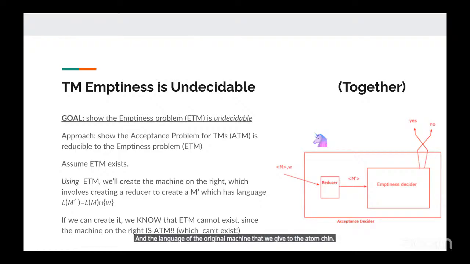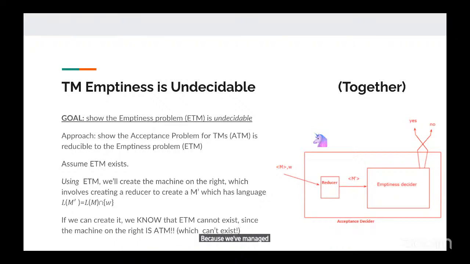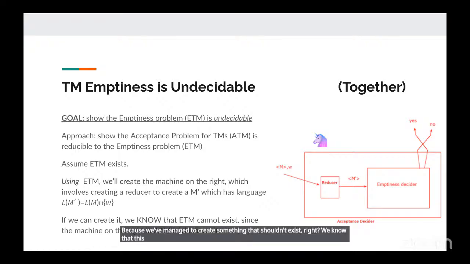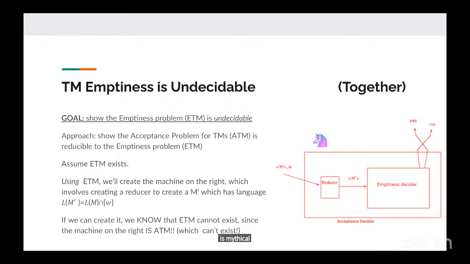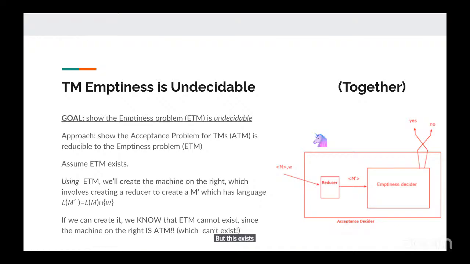If we can create that machine, then we know that the emptiness machine does not exist, at least as a decider, because we've managed to create something that shouldn't exist. We know that this thing, the acceptance decider, is mythical. It's not real. So if we made it, then something is wrong. That's our logical contradiction. We know it shouldn't exist, but we just made it. Therefore, the one assumption we made, that this exists, is incorrect.